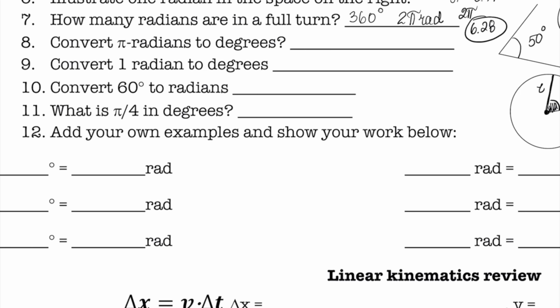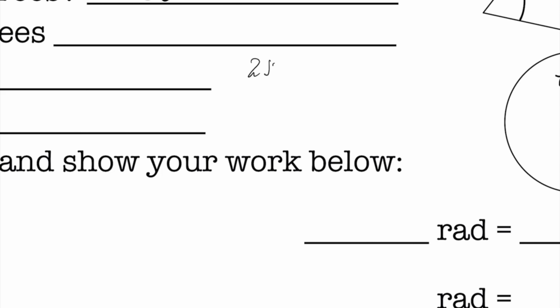When I say 2 pi radians, it's about 6.28 radians in 360 degrees. Convert pi radians to degrees then. 2 pi radians is 360 degrees. Then pi radians is half of that, so that's 180 degrees.